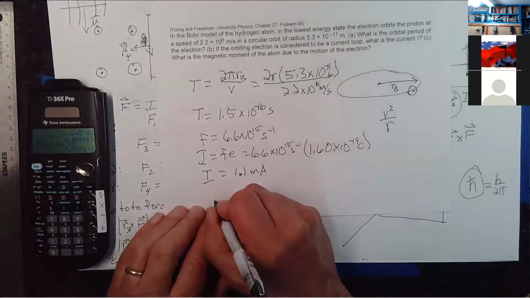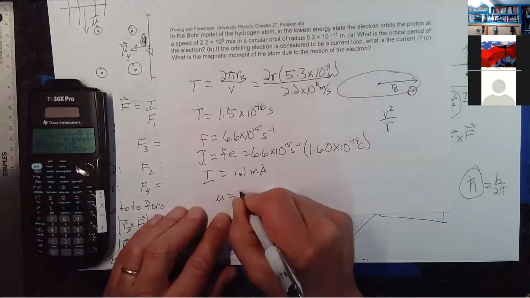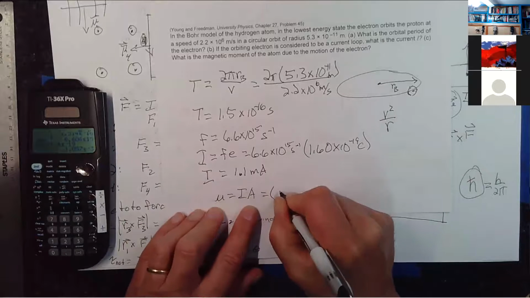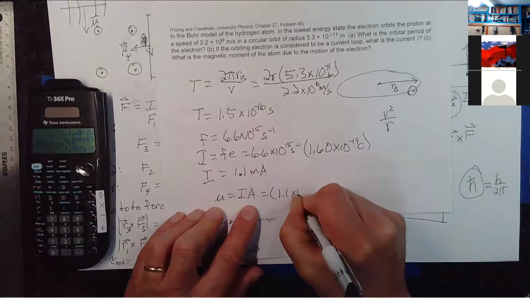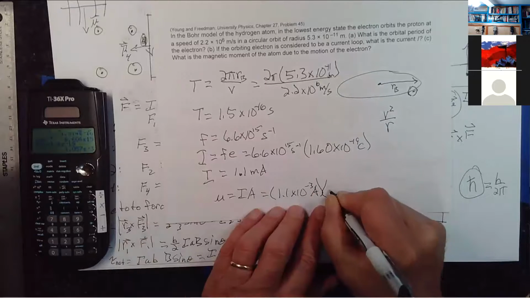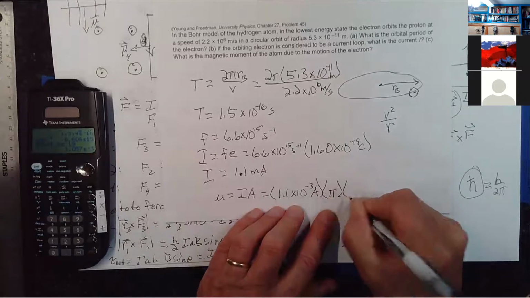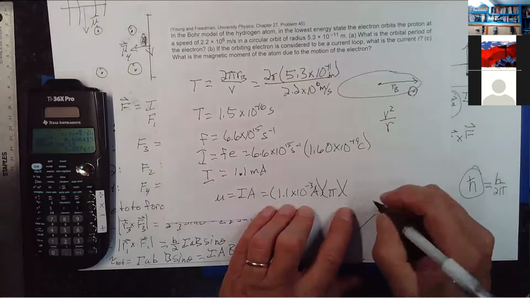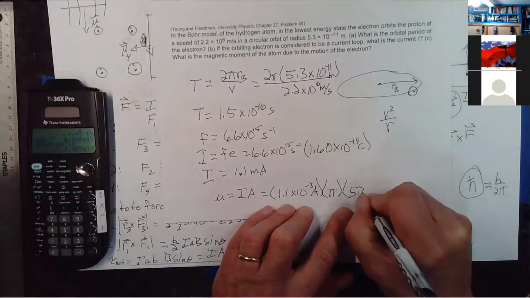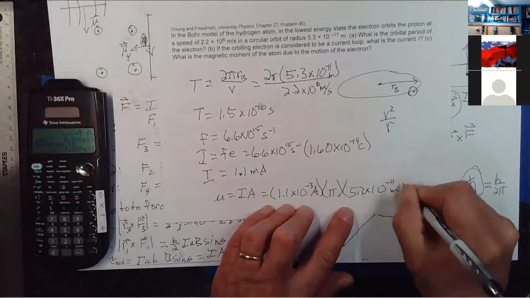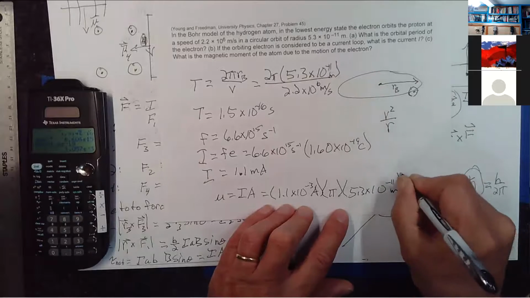The magnetic moment in magnitude is just going to be I times A. So it'll be 1.1 times 10 to the minus 3rd amperes times pi times the Bohr radius squared. So 5.3 times 10 to the minus 11th meters. Yeah, we've got it in meters squared.